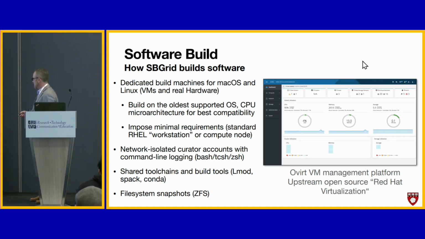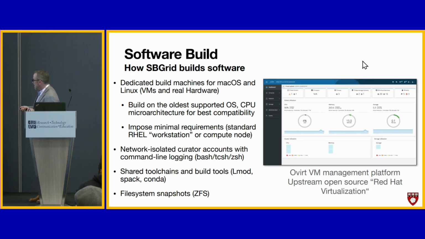We impose the minimal requirements. I showed you that diagram. We try to include all of those libraries with each build. That does sacrifice some hard drive space, but it gives us the most sustainable and installable stack of software. It also conserves the blast radius when something's broken or has a bug or something is not working.